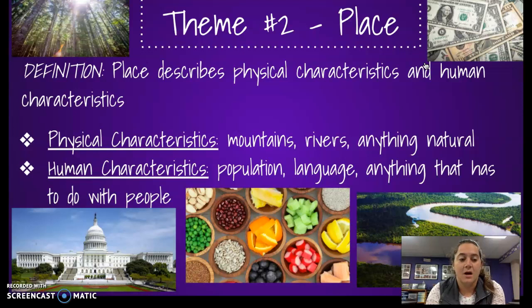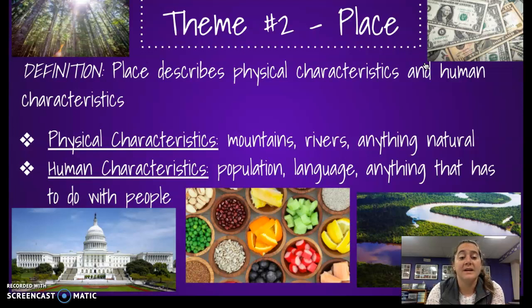Below it says physical characteristics could include mountains, rivers, anything natural. So not man-made or not having to do with humans. Physical features for that location or country that you're researching.